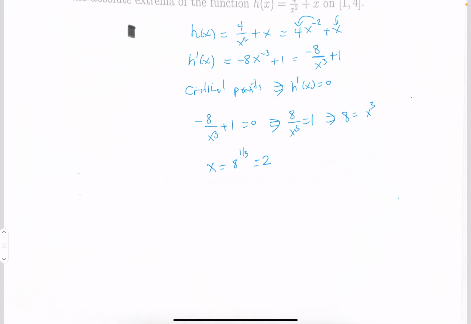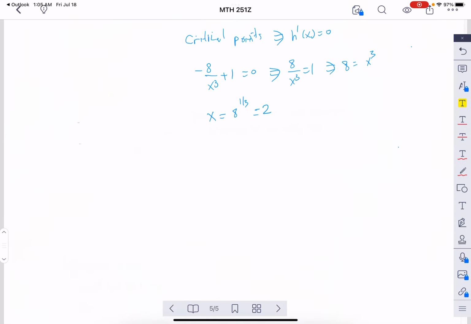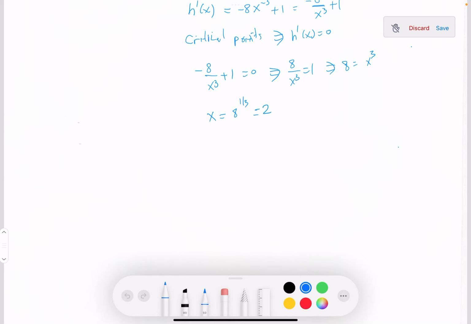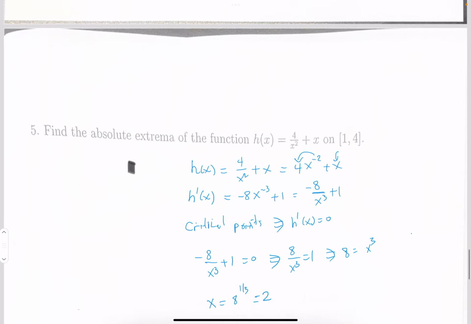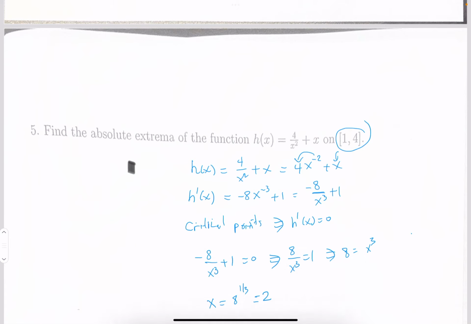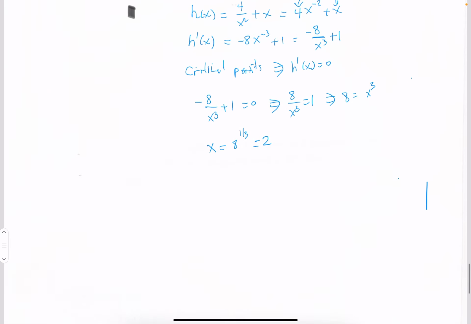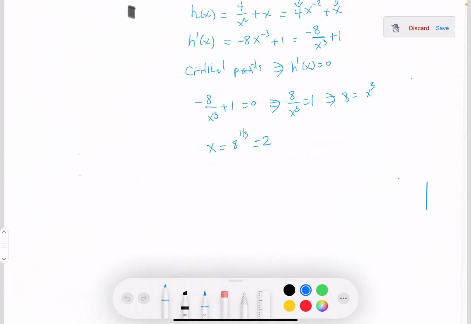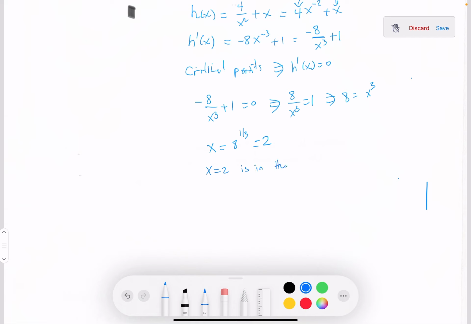What is the meaning of x equal to 2? x equal to 2 is inside this interval. He wants the absolute extrema on the interval 1 to 4, so 2 is inside 1 to 4.